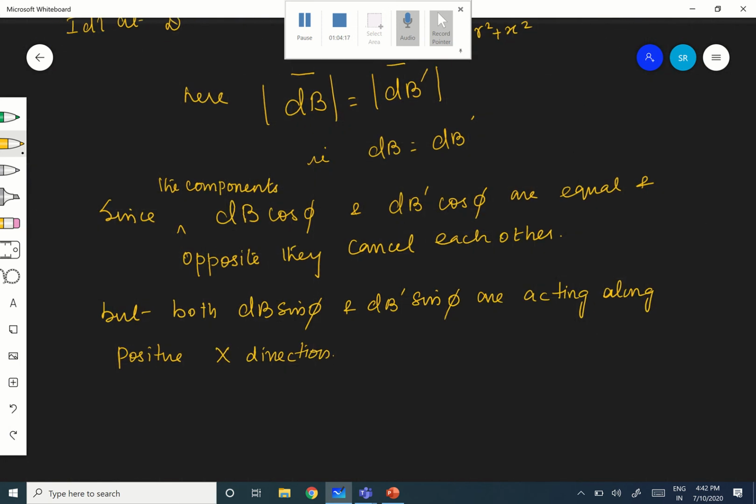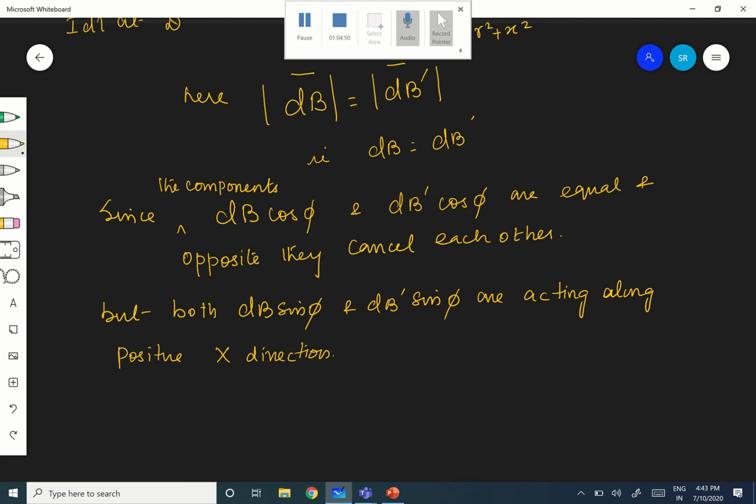Okay, therefore it is very easy. If you add all the sine components due to each and every pair of elements, dB sin phi, dB dash sin phi, another one dB1 sin phi, then dB1 dash sin phi, then dB2 sin phi, dB2 dash sin phi, like that.